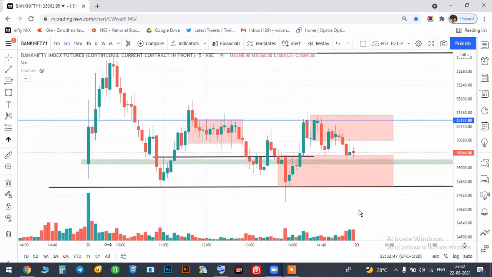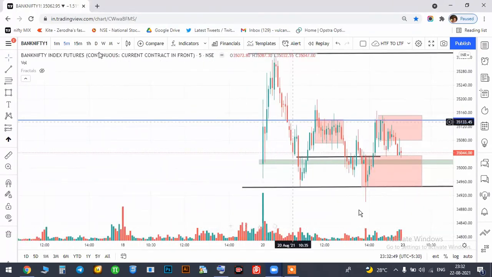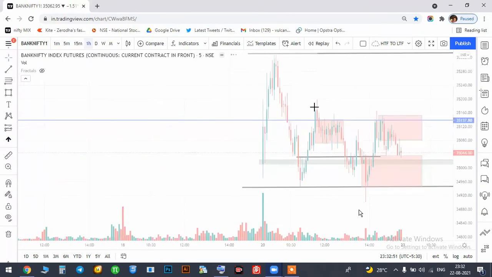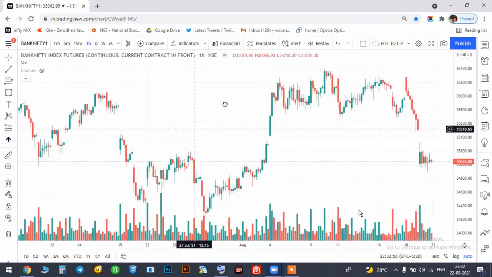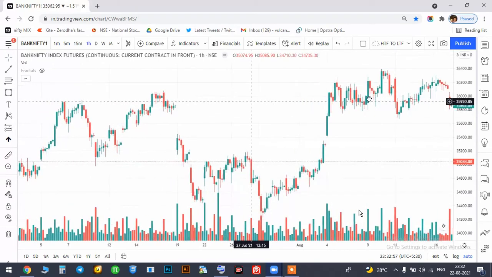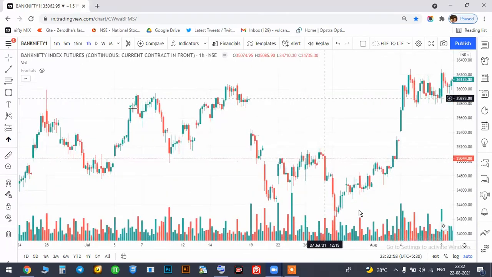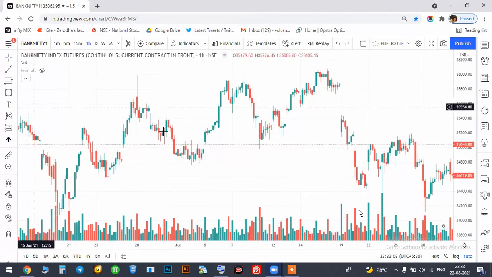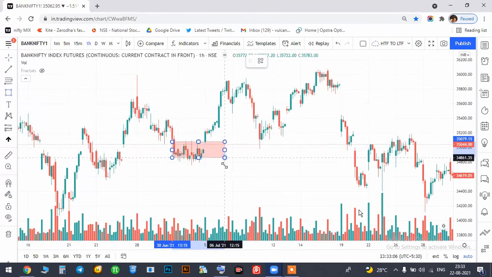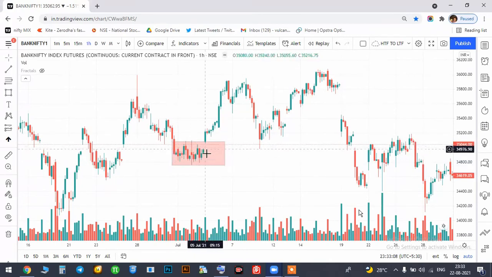Most retail traders, novice traders, started with option buying. That is the biggest mistake of traders, because when you see the 1 hour chart, you see this big move, okay? But what happened before? Can you make a position in this area with option buying?